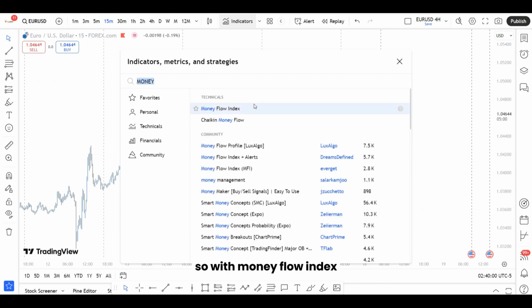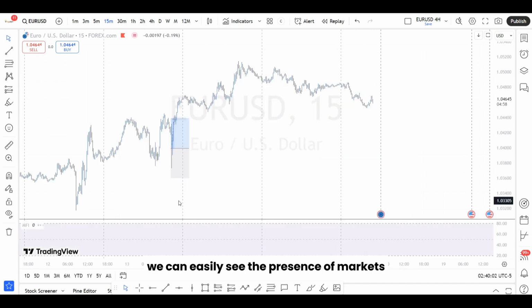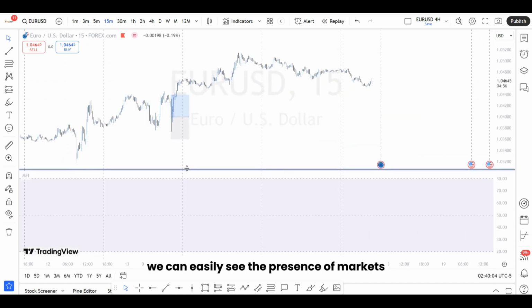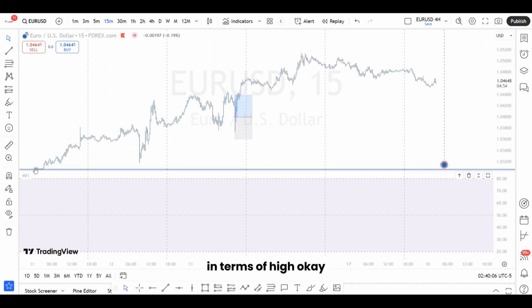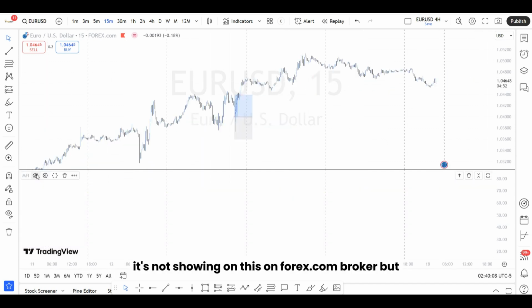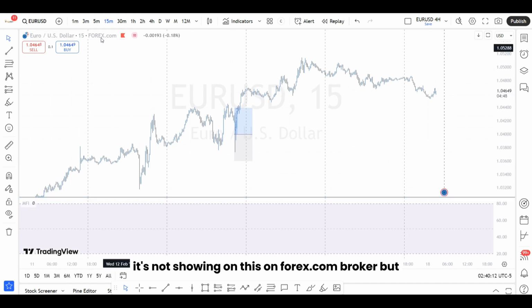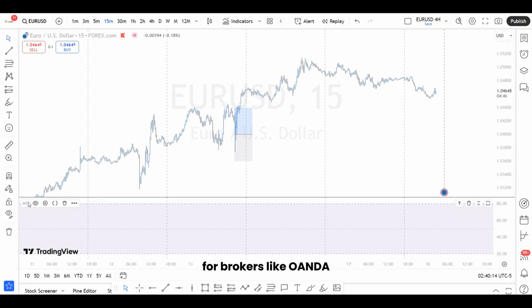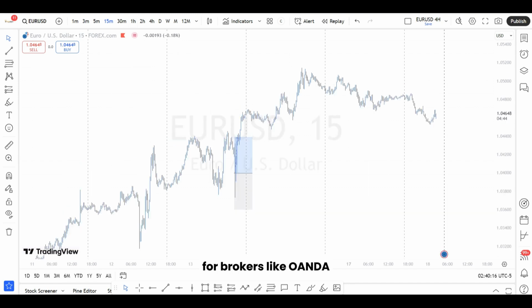With the money flow index, we can easily see the presence of participants in the market. Okay, it's not showing on this forex.com broker, but for brokers like Oanda, it's going to show. So you should use Oanda in your trading.